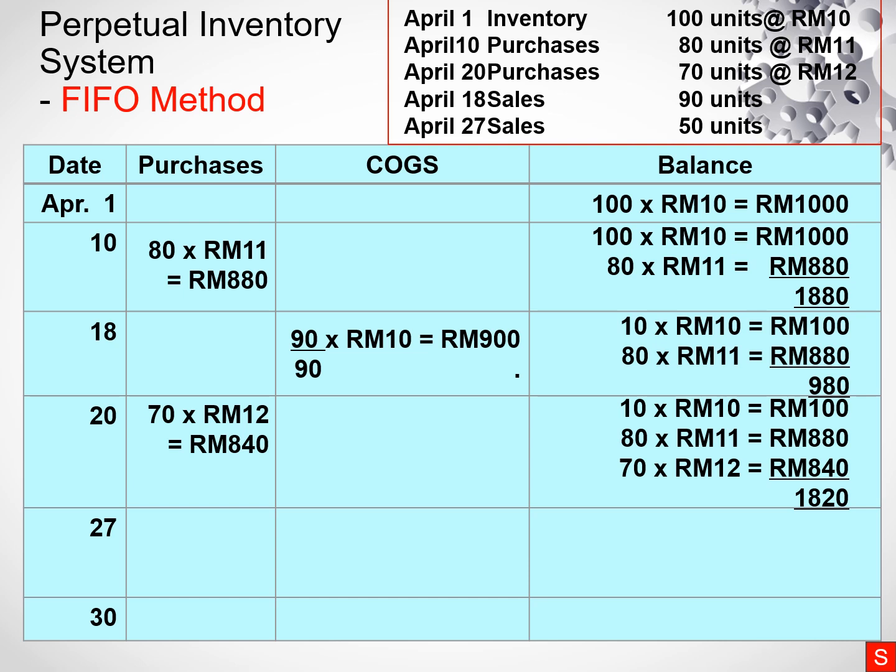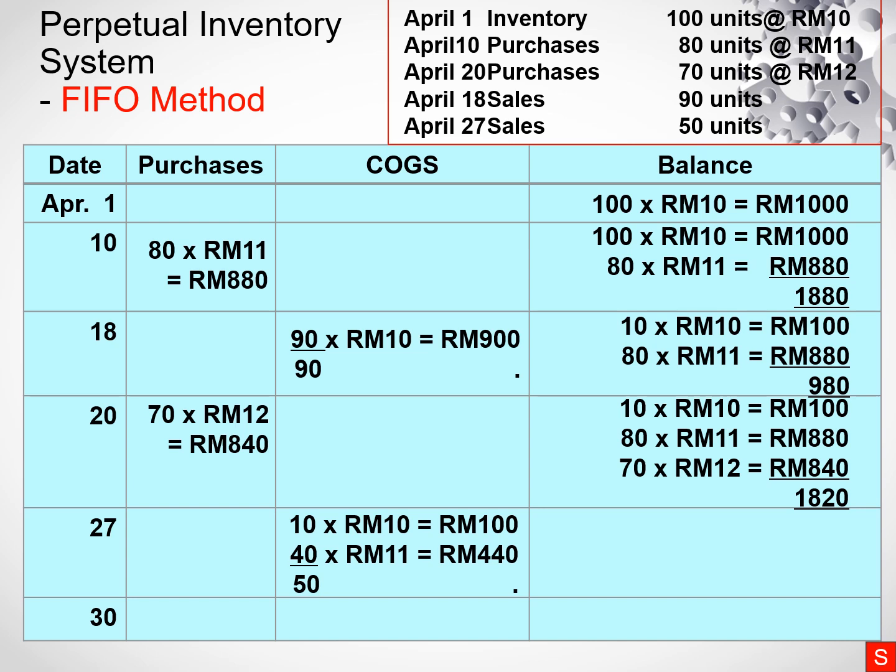Between 10 unit, 80 unit and 70 unit, 10 unit is the first in and will be the first out. So the balance of 40 units will get from the 80 units that is purchased on 10 April. So write down in the cost of goods sold column, 10 units times 10 is equal to 100, and 40 units times 11 equals to 440.